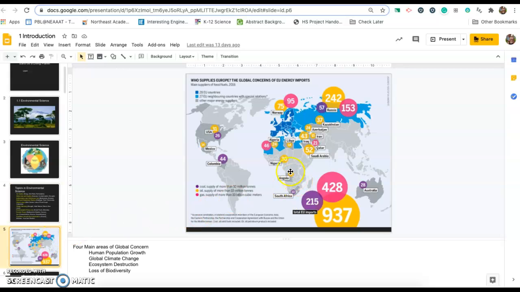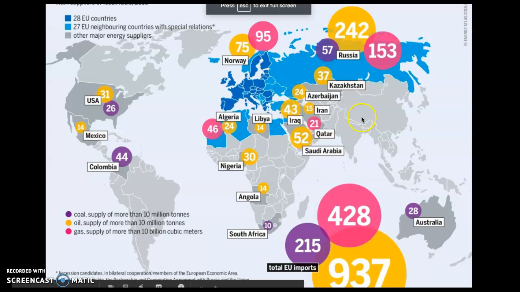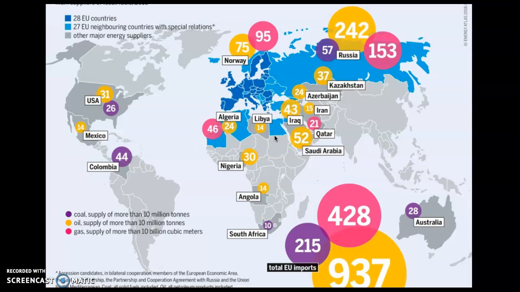So this is an interesting map here. I would like to blow it up a little larger, hoping you can see this. So who supplies Europe? This is kind of an interesting look at European power. They do not supply their own power.